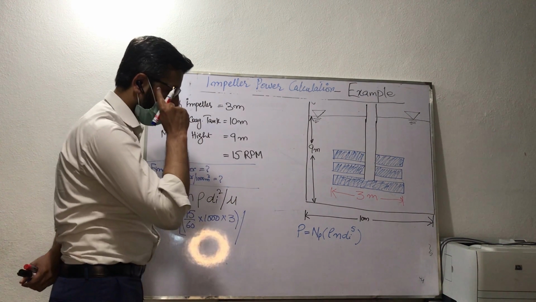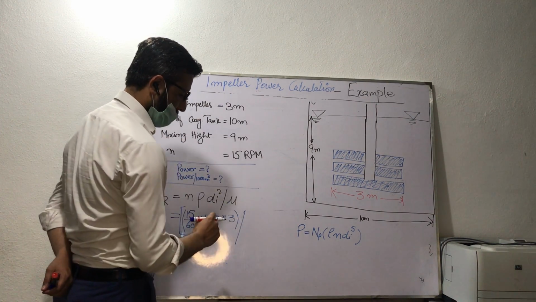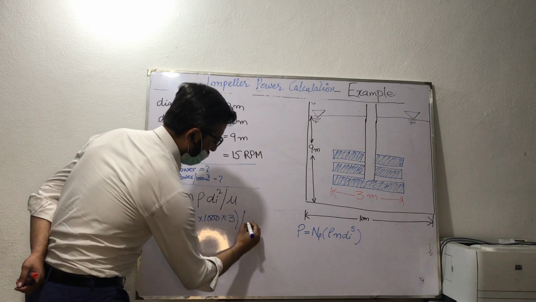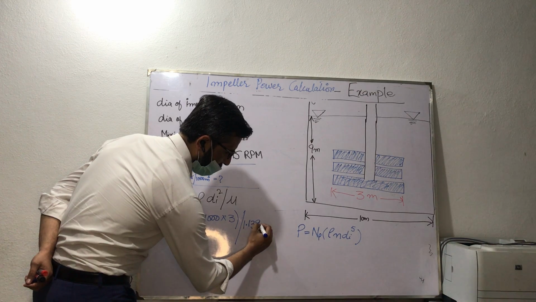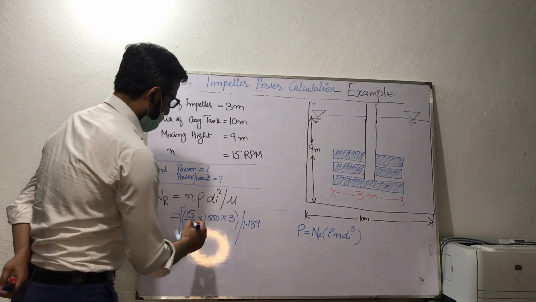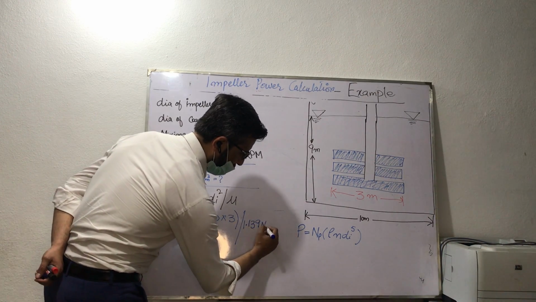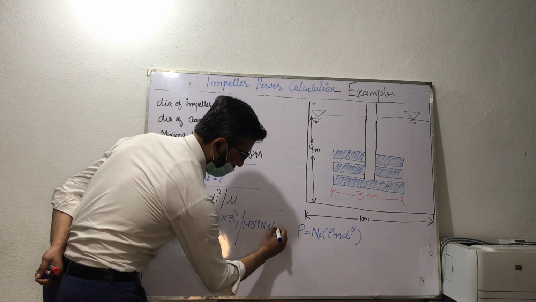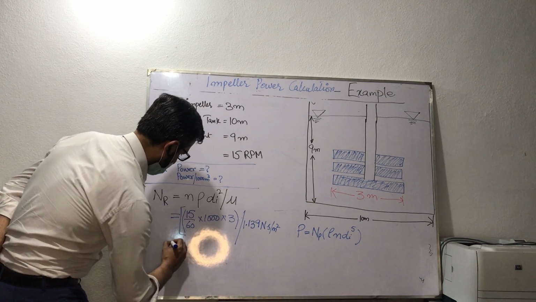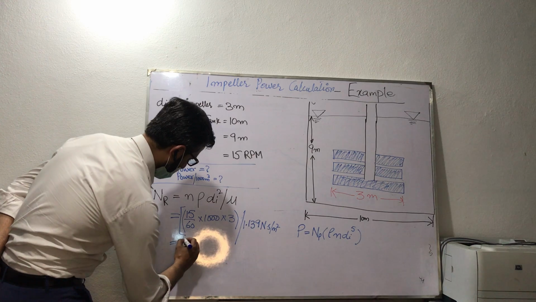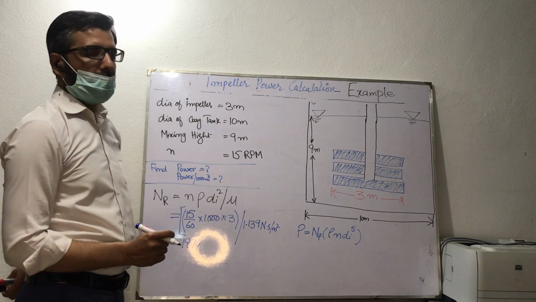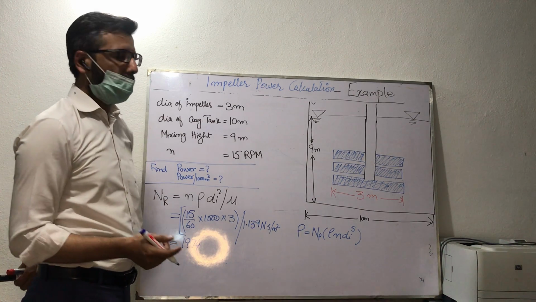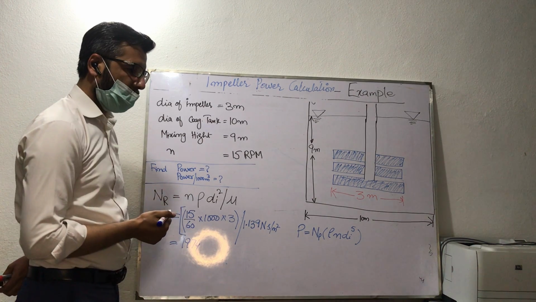We will be putting the diameter of this impeller. Then we have the value of mu as 1.139, in Newton seconds per square meter. So the Reynolds number comes out to be 1974. So it's less than 10,000. It's not turbulent flow, it's showing the laminar flow.